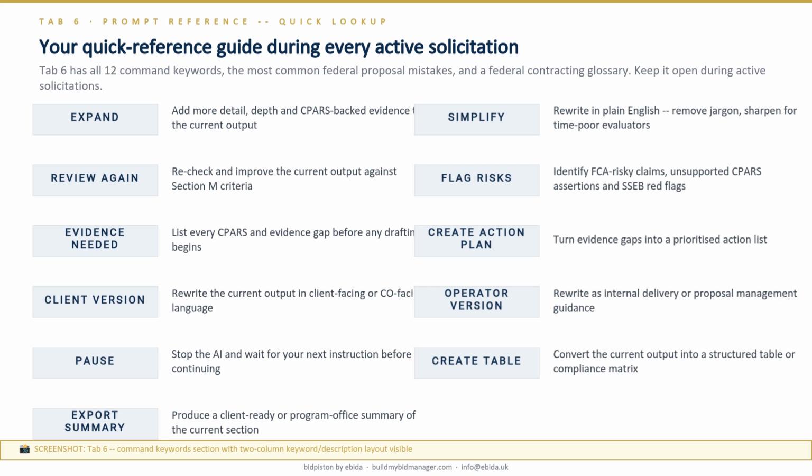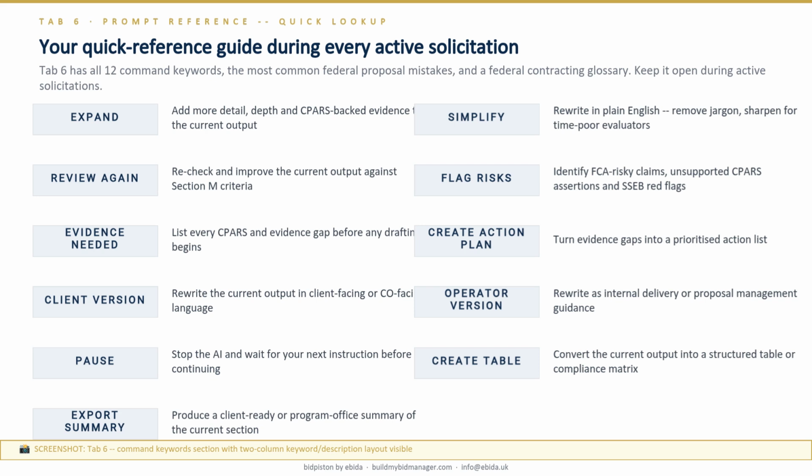Evidence Needed before you draft anything, because a proposal section that cannot be backed by your library creates FCA exposure. And Flag Risks as a final check before submission, used alongside the Skeptical SSEB Evaluator context mode.